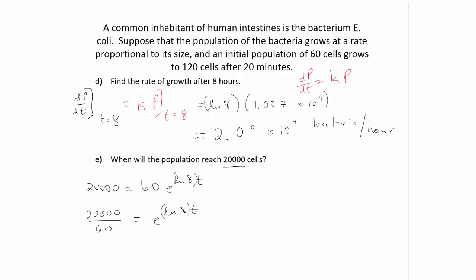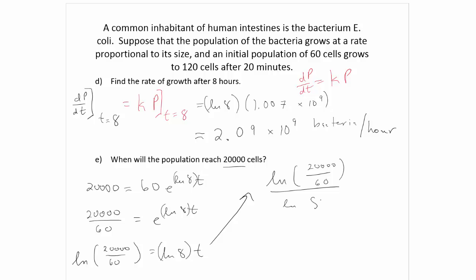We'll apply the natural log to both sides. Natural log of 20,000 over 60 is equal to natural log 8 times t. And then to solve for t, we'll divide through by the natural log of 8. And so then we have the natural log of 20,000 over 60 over the natural log of 8 is equal to t.